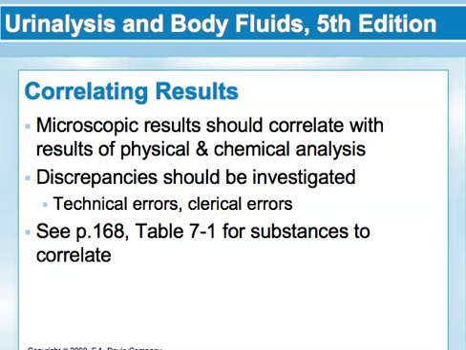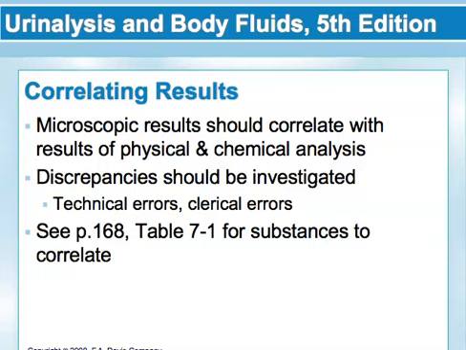For example, if you have a sample that is red and cloudy, and the chemical examination is negative for blood, or it's negative for blood under the microscope, then I would look back to make sure, especially if you're processing multiple specimens at one time, that you're looking at the correct results that match that sample.